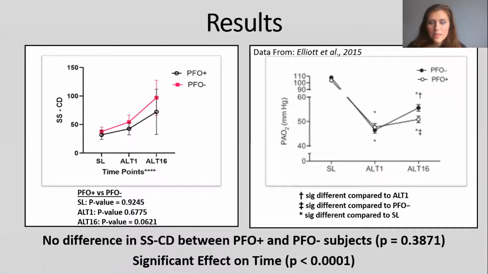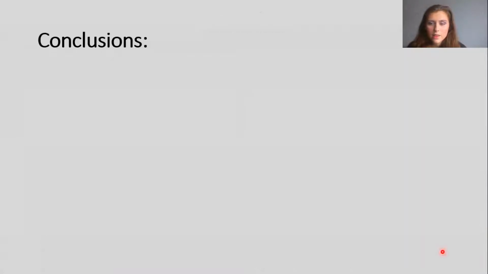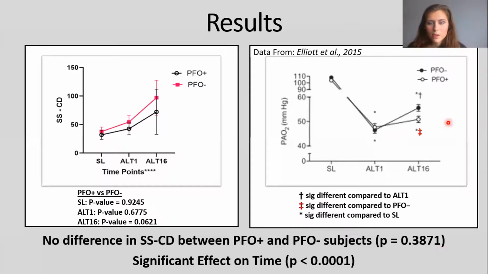At altitude day 16, the data showed that the partial pressure of oxygen in the alveolus was significantly different between groups, as shown by the double cross. And additionally, with the alveolar data, the asterisk and the single cross show that in comparison to the previous altitude, there was a significant difference.